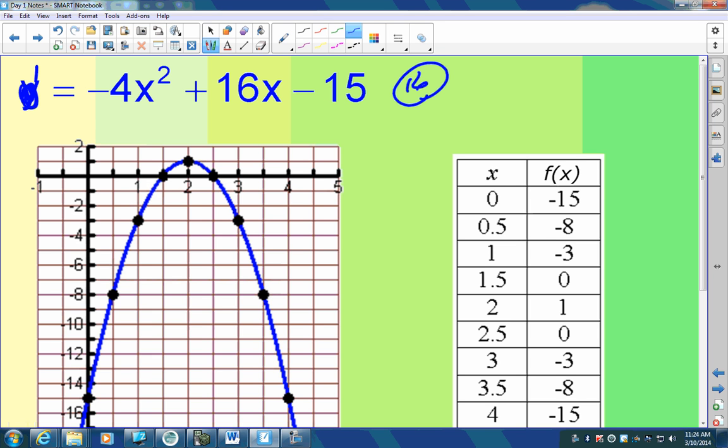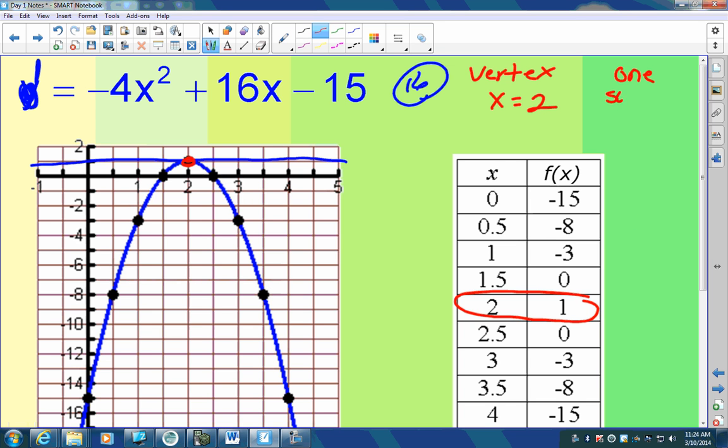So it's right here, it says 1. So when I go to y equals 1, I'm going to go across here. How many times does it touch my parabola? Once. It only crosses once at 1. That's because that point is your vertex. Your answer is x equals 2. This only has one solution.